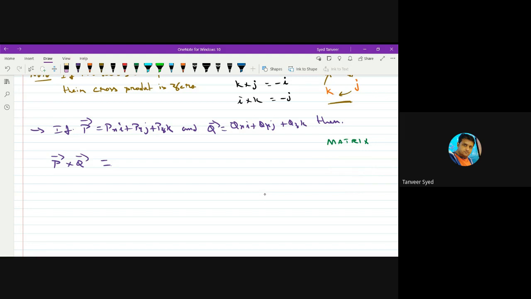So the matrix that we are forming here is like this: i, j, k, three things in the first row. Then in the second row, the coefficients of the first vector, only coefficients, not the i, j, k: px, py, pz. Then in the third row, coefficients of the second vector: qx, qy, qz.